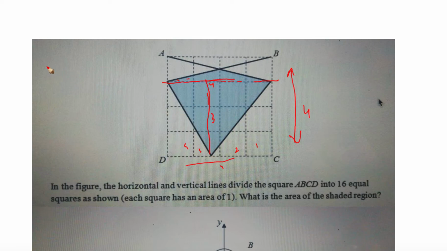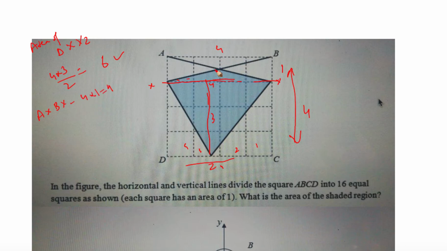So here apply the formula. Let's say the triangle is x y z, so the area of triangle xyz is 4 multiplied by 3 divided by 2, which is 6. So I got one value, 6. Now this part, here it is 1 and 4, it is a rectangle, so area of the rectangle is 4 multiplied by 1, which is 4.